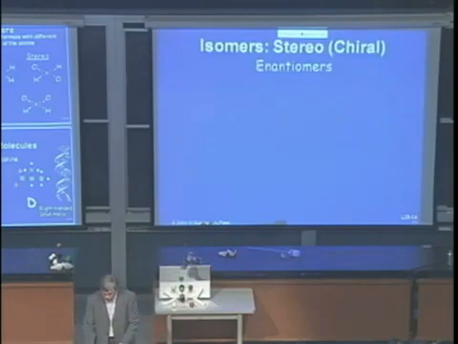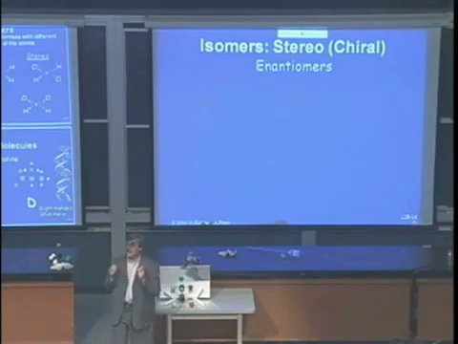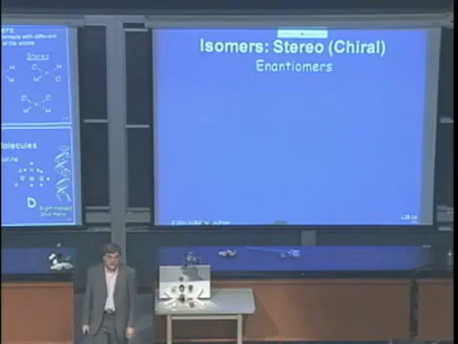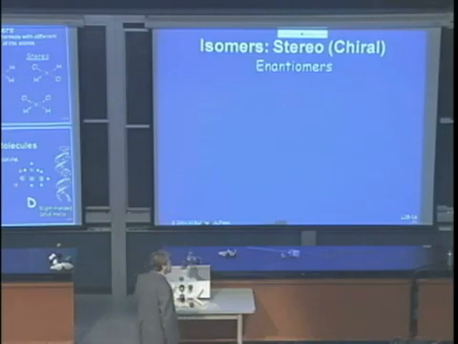So there is an even more subtle isomerism, and this is what our body is very receptive to. These are isomeric molecules that have a chiral center.